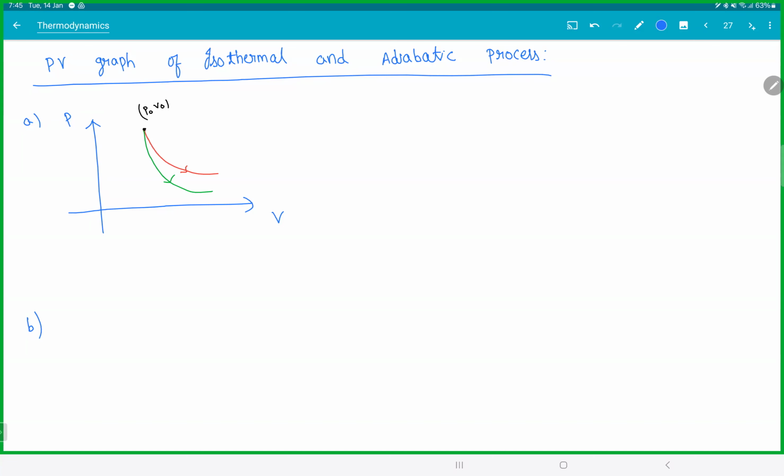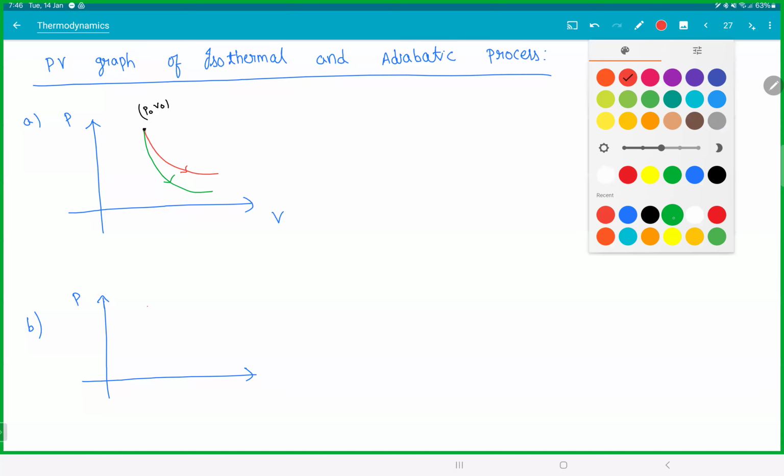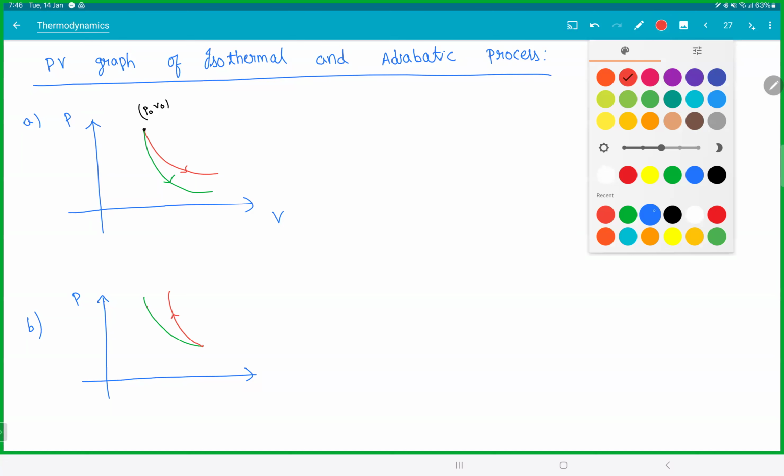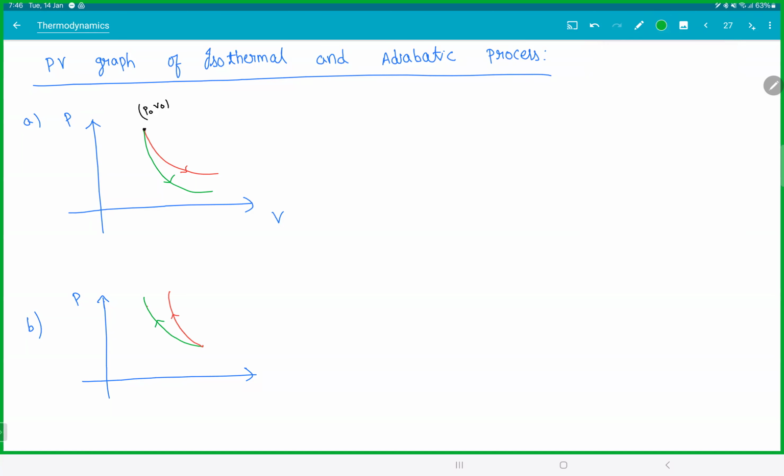Which one is which? This one is adiabatic compression, one is isothermal compression.